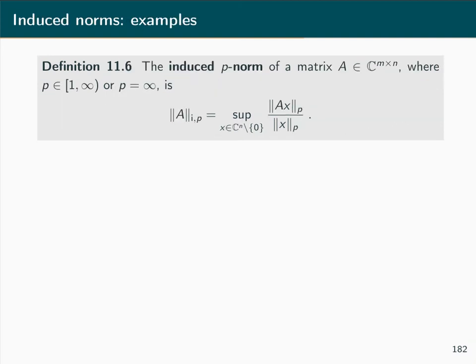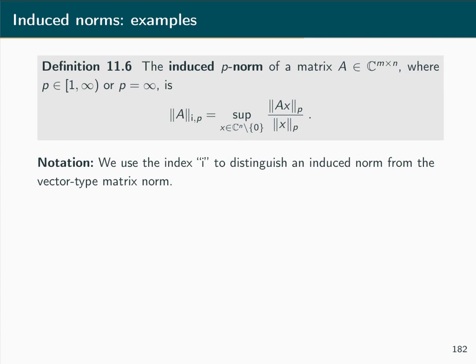More specifically, in definition 11.6, we define the so-called induced p-norm of a matrix A, where p is any value between 1 and infinity, or p is equal to infinity, as the induced p-norm of the matrix A being equal to the supremum over all vectors x in C^n without 0 of the p-norm of the vector A times x divided by the p-norm of the vector x.